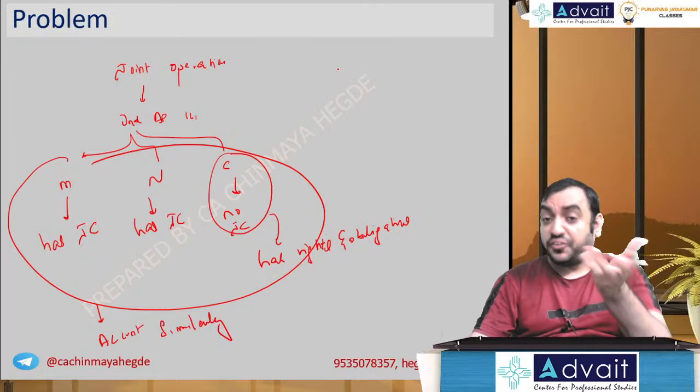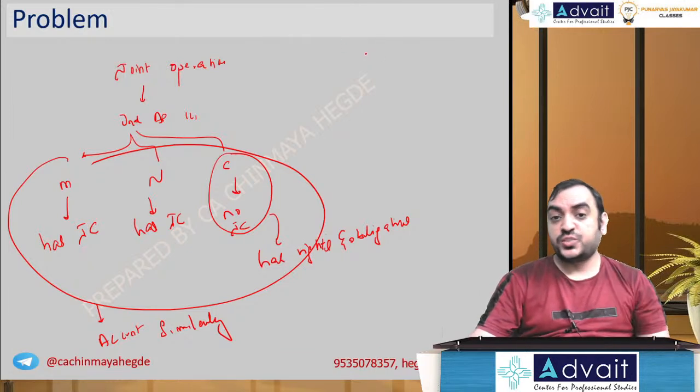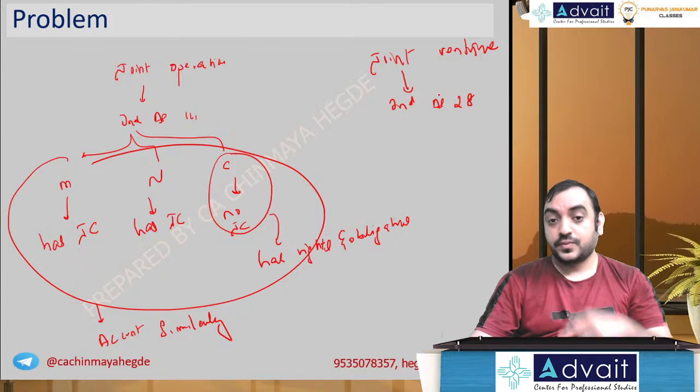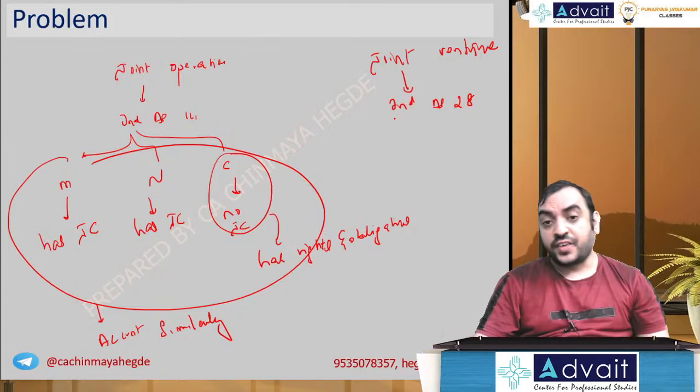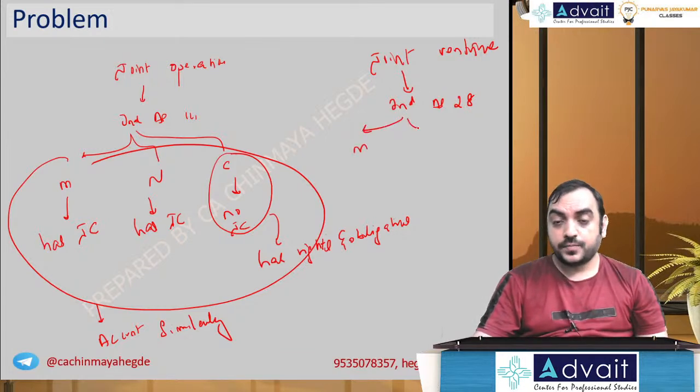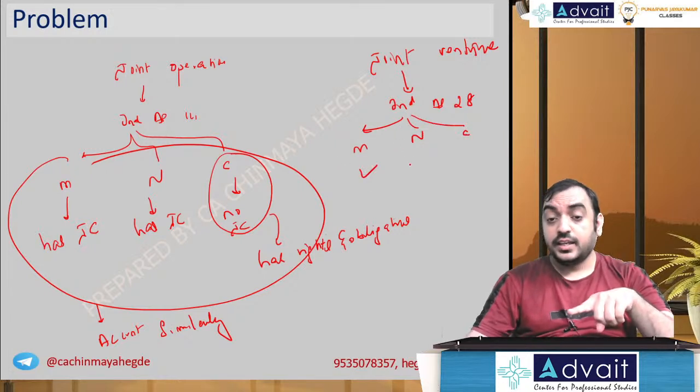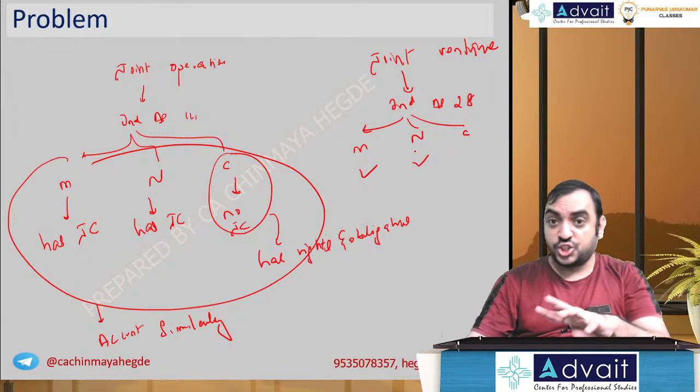But in a different situation, I'm telling you, if this was a joint venture, a separate entity that is a joint venture, then you apply Ind AS 28. That is the equity method of accounting. M Limited will apply, N Limited will apply, they have the joint control.